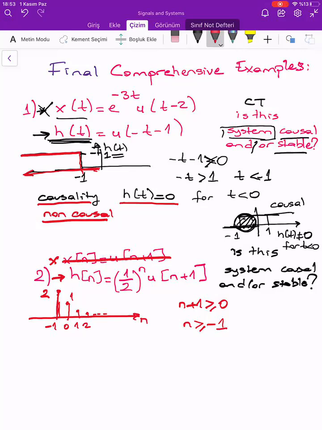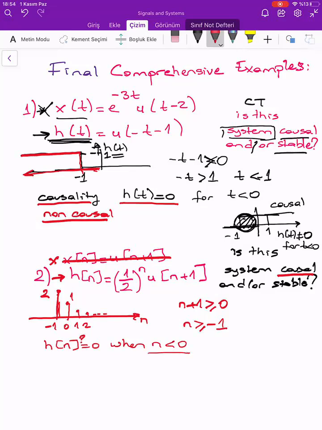How do I check the stability and causality of this system? First, let us focus on the causality, just as we have done in the first question. I should check if h of n is 0 or not when n is less than 0, okay?